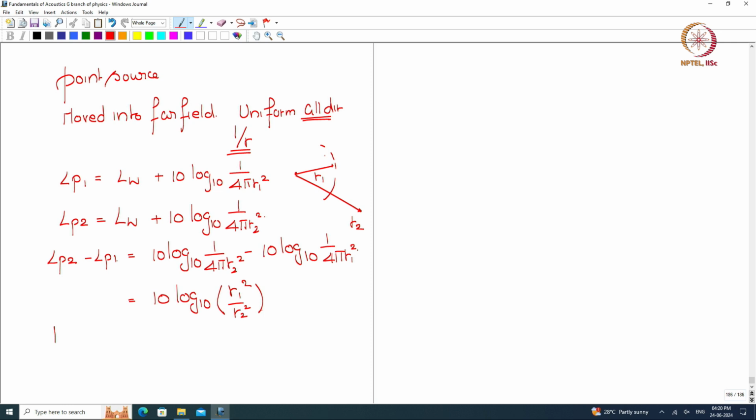And if r2 is say twice r1, then I have 10 log to the base 10 of 1 by 4, which is minus 6 dB. So if you have strictly a point source and you double your distance, the sound pressure level or intensity level also will drop by 6 dB. So you can hold this as a rule of thumb.